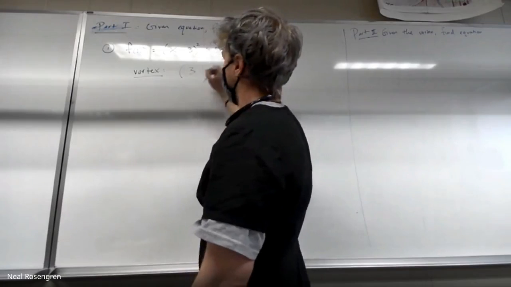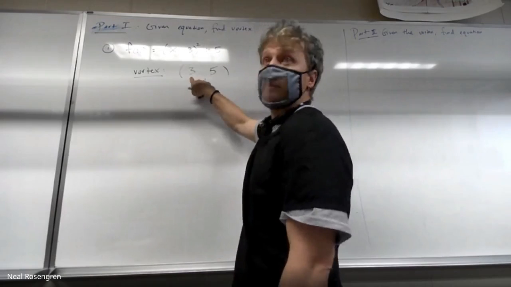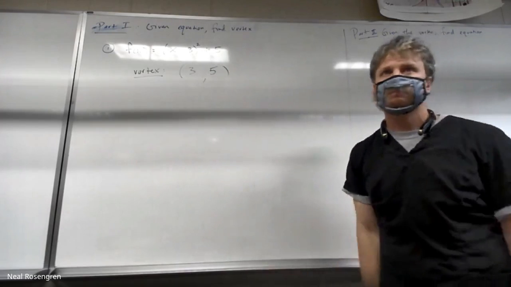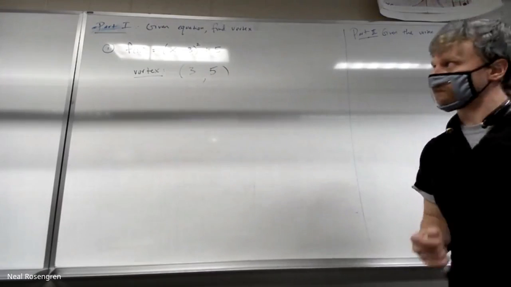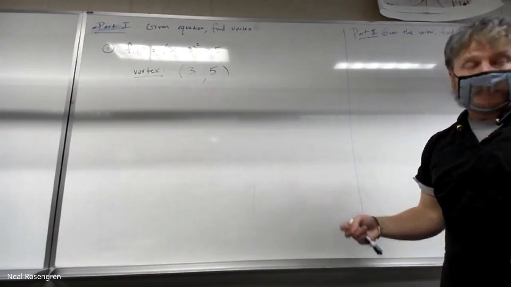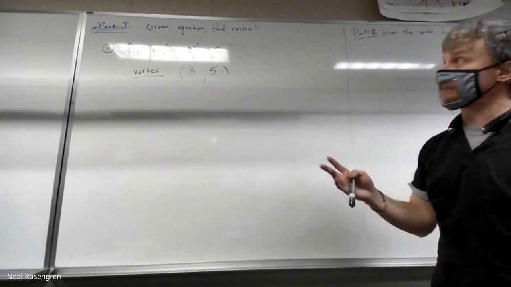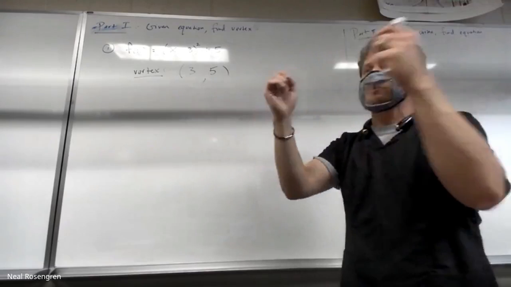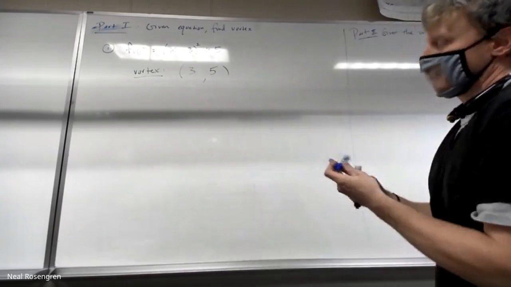Perfect. Switch the sign of the number on the inside because horizontal transformations are backwards, and keep the sign of the number on the outside, and that's it. Ta-da, done. And if we have the skill on how to graph these, which we'll get to eventually, then I can just start at the vertex because that's an easy point to start, and then there's this nice algorithm on how to get up from there.